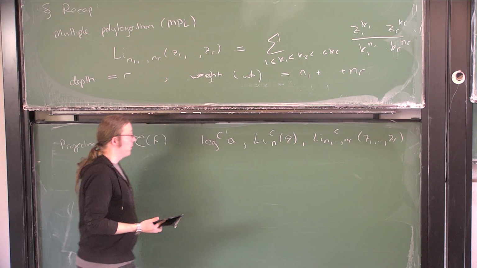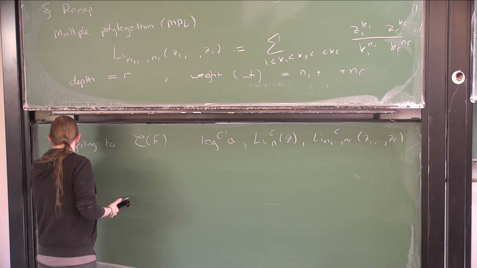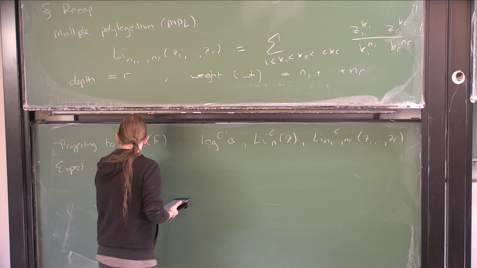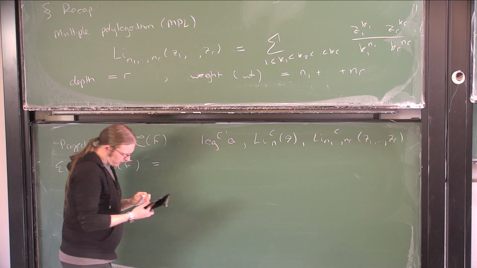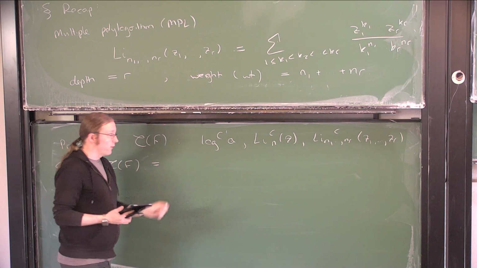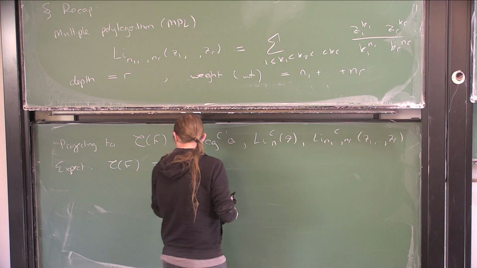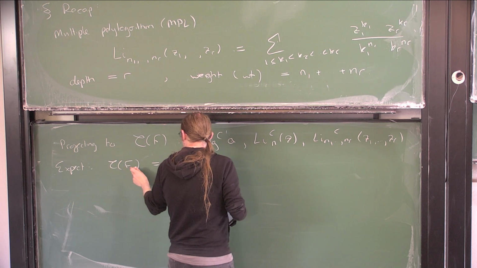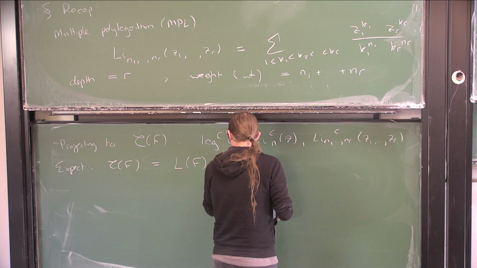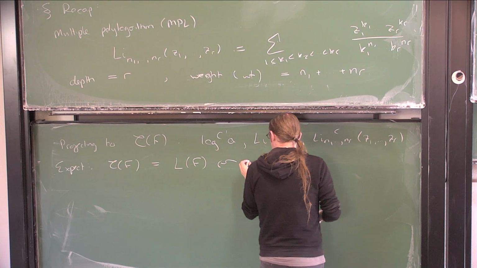Still, that's a step we don't know. So maybe just for the sake of introducing some notation and alluding to things from yesterday, we expect that the motivic Lie coalgebra in this setting is generated by polylogs.